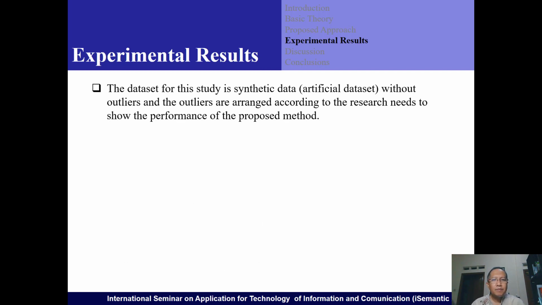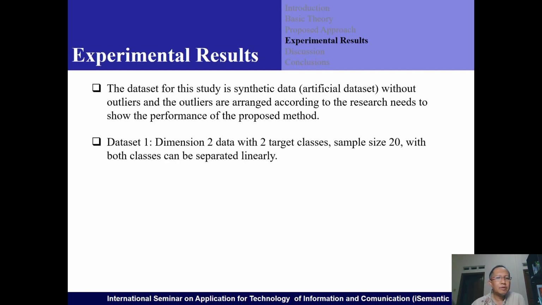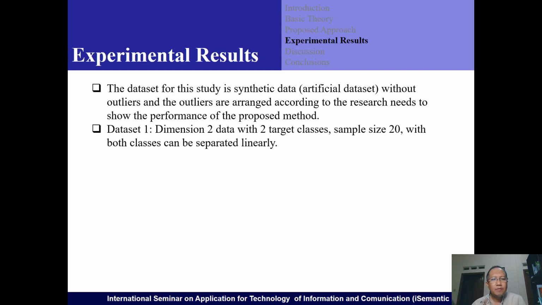The dataset for this study is synthetic data without outliers, and the outliers are arranged according to the research need to show the performance of the proposed method. Dataset 1: dimension 2 data with two target classes, sample size 20, with both classes linearly separable.